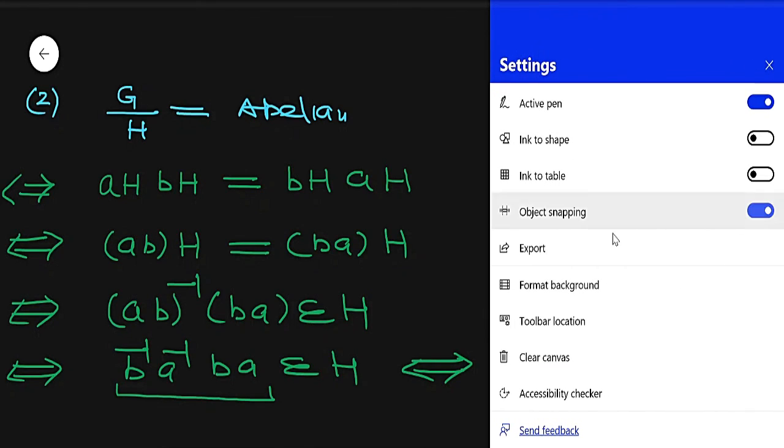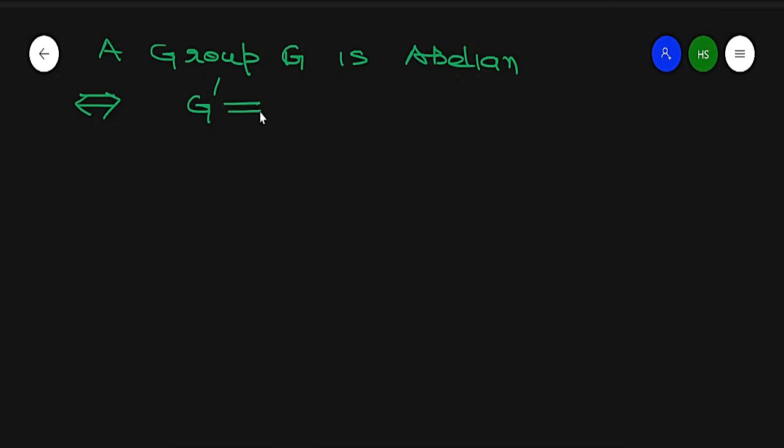Now the next theorem is: a group G is commutative, a group G is abelian, if and only if its commutator subgroup consists only of the identity element.